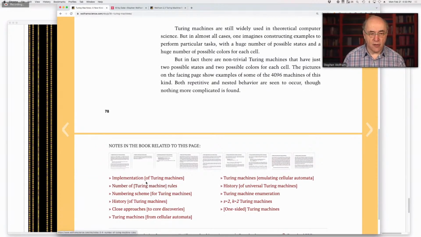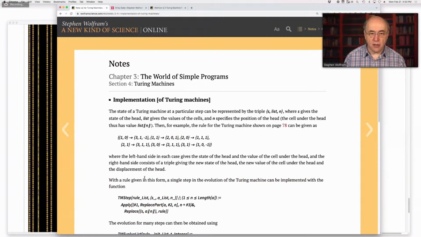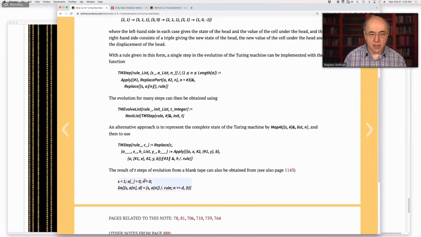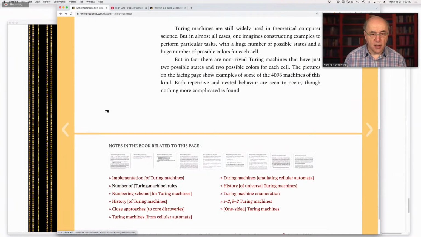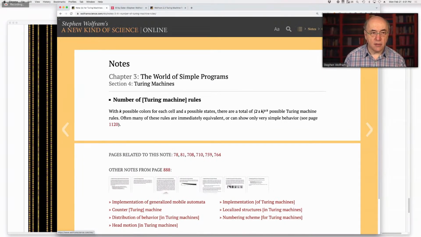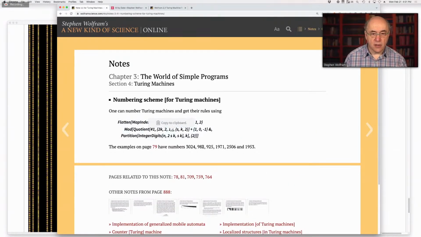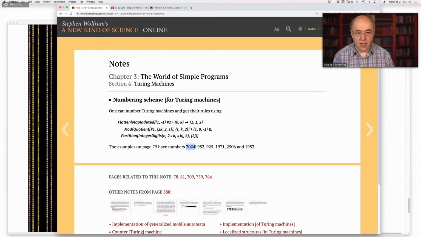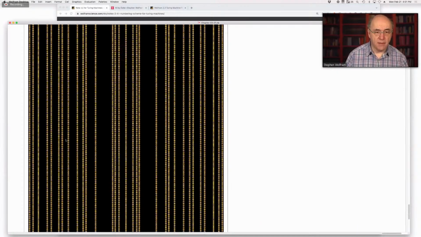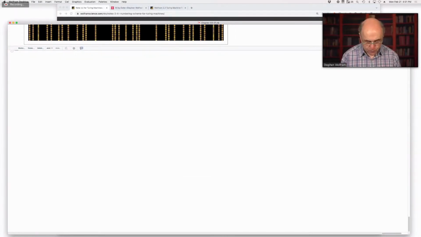Let me see if I can show you that particular one, because we have all of this stuff in Wolfram Language. Come on now, numbering scheme. Okay, 3024, let's try that one. Let's say we go over here and say RulePlot Turing machine 3024.